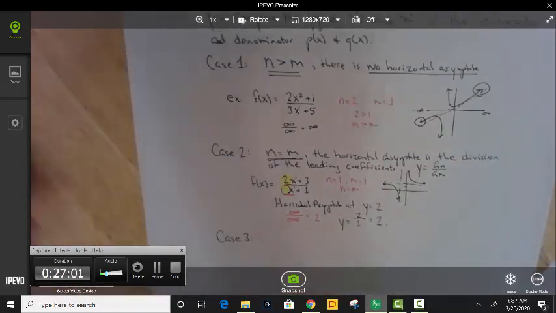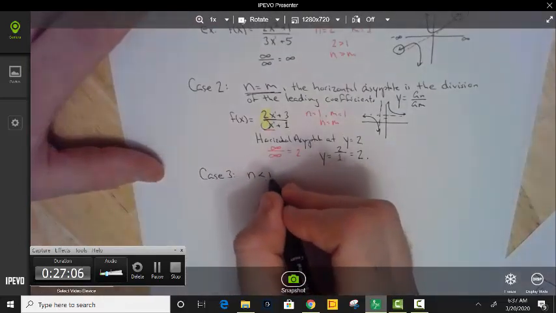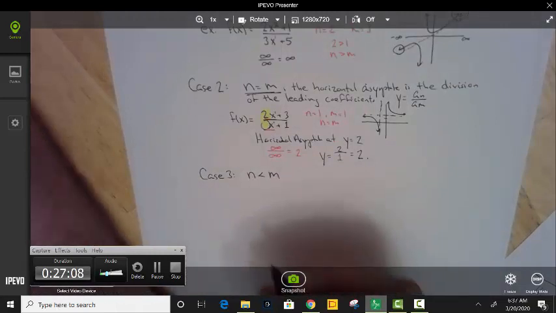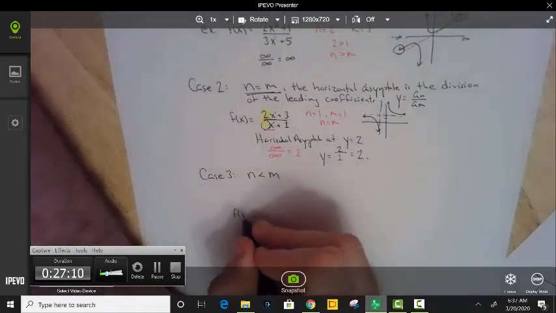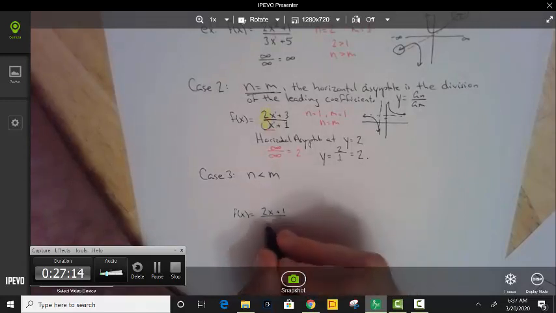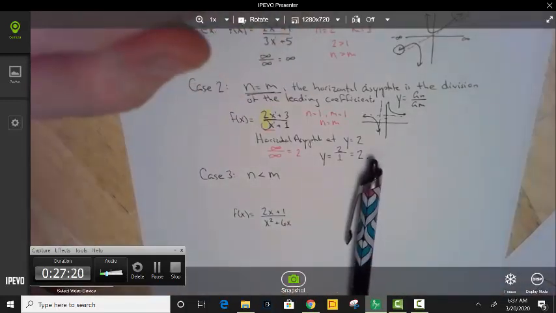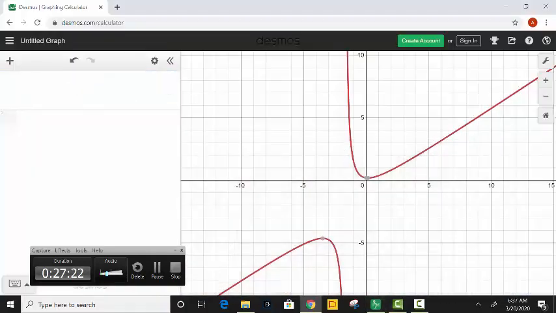And then the last case that we're going to cover is, what if the degree on top is smaller than the degree on the bottom? So as an example here, let's say we do 2x plus 1 over x squared plus 6x. And let me just jump over here to Desmos and show you what that looks like, and then we'll talk about it.